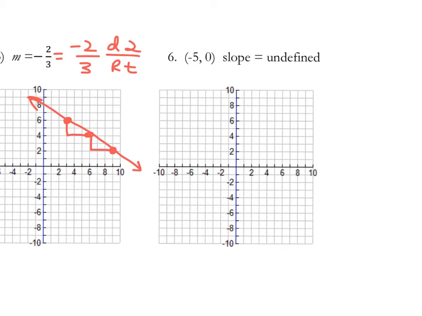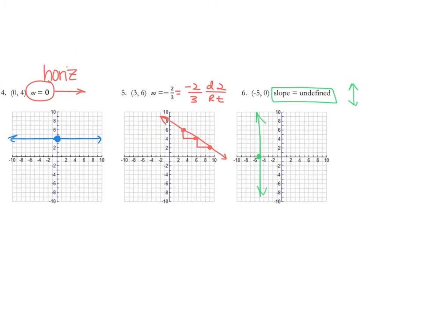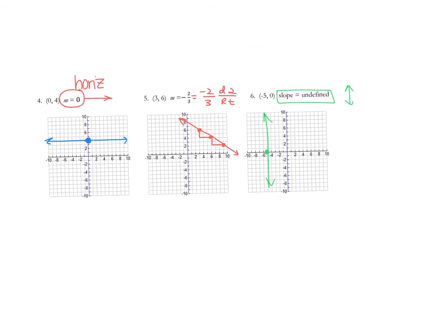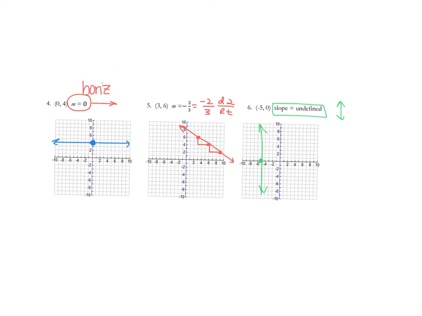We have -5, 0. Slope is undefined. This is a vertical line. Remember, undefined is vertical. So negative 5, 0, put a dot there, and just draw a vertical line through that. There we go. And we're going to move on to the next.